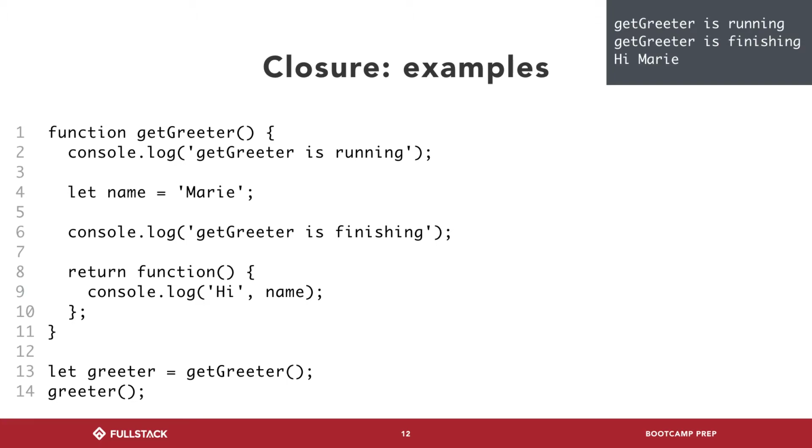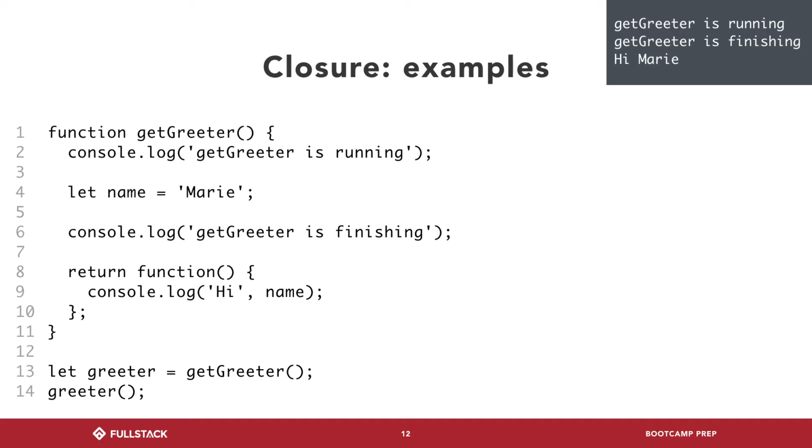In this case, this is an anonymous function, but it's just a function, right? And so then we return that function to whoever called getGreeter, which is on line 13. And so after line 13 finishes running, greeter is basically the same as the anonymous function between lines 8 through 10.